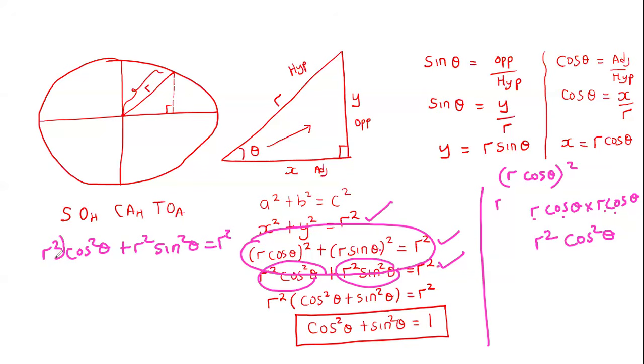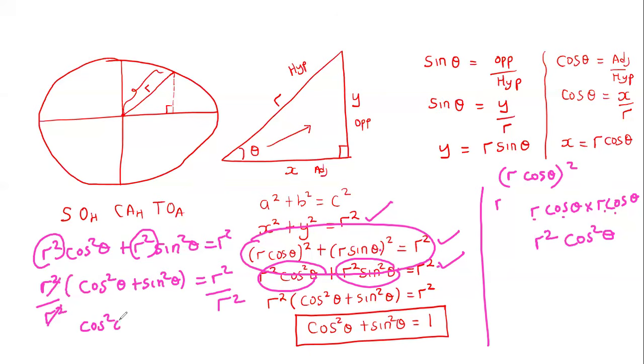Now here you notice that r is common, r is also common. So you factor it out. So by factoring, you have cos squared theta plus sine squared of theta is equal to r squared. Now, to remove this r squared, I will divide by r squared, divide by r squared. This and this will cancel. So you remain with cos squared theta plus sine squared of theta. R squared divided by r squared is a 1. So that's how that identity comes about.